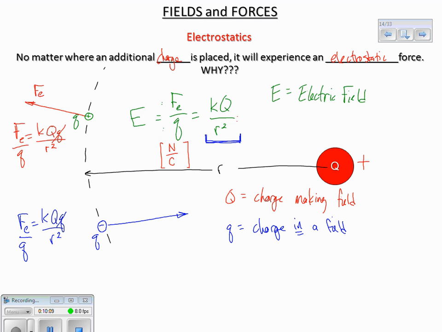If we use this expression here, it allows us to calculate the force exerted on charge little q that's in a field that was made by charge capital Q. So that's why those two expressions are related, with the little q in one and the big Q in the other. That's another very tricky thing. All right, these are both charges. They're both certainly measured in coulombs.